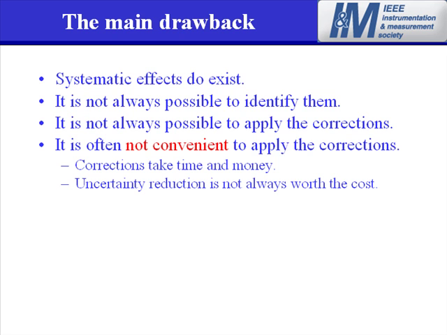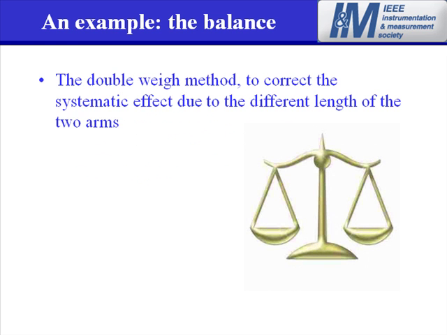Let's see a very simple but also very meaningful example. So, the double weighing method is the best known example about the correction of systematic effects. It's explained in every textbook of measurement. In this example, the systematic effect is due to the different lengths of the two arms of a balance.